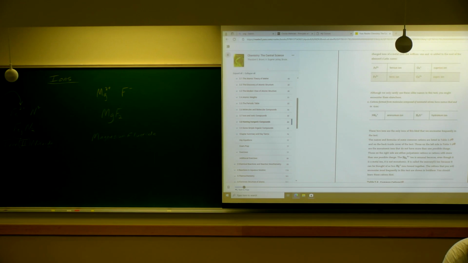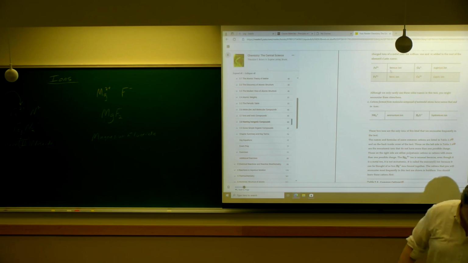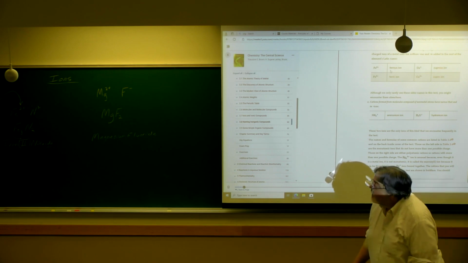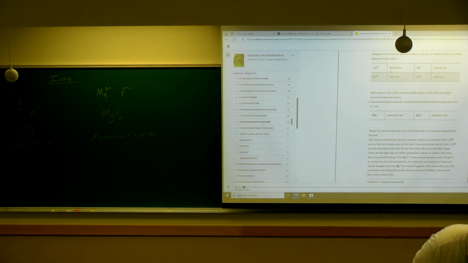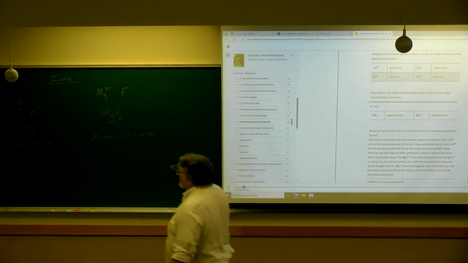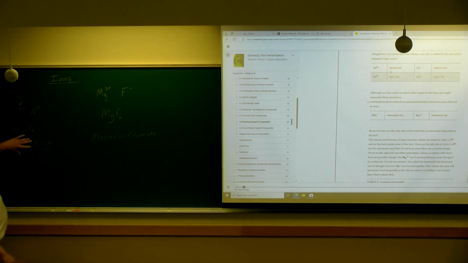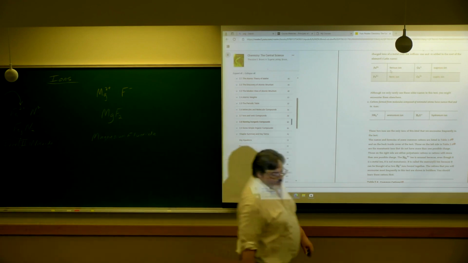This older system, I won't put this on the test, but you see this in labs sometimes. That one's called ferrous. So then this would be, which one is that? 2 there. So this could be called ferrous nitride. But don't worry about that naming system.